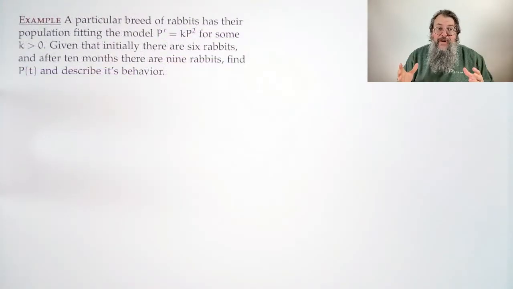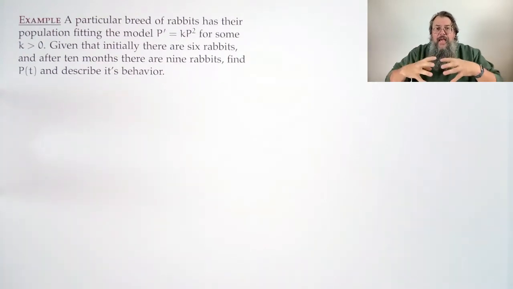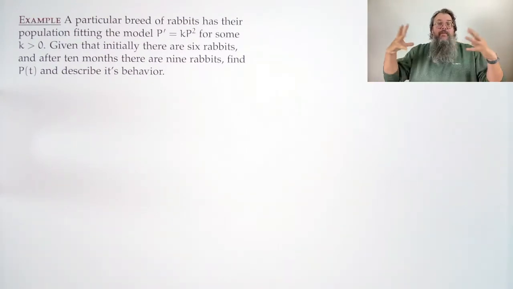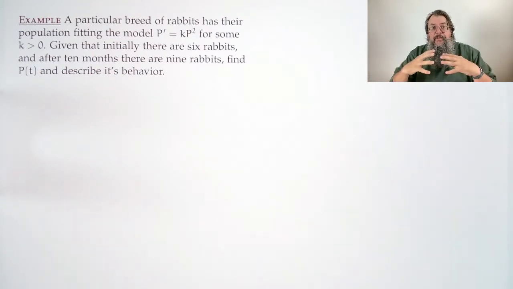So now we'll look at this problem. A particular breed of rabbits has their population fitting the model p prime equals kp squared. Now, if you think back to where we came up with the logistic model, it said, hey, as our population scales up, our death rate speeds up. In other words, bigger population, we expect even more people to die than a smaller population.